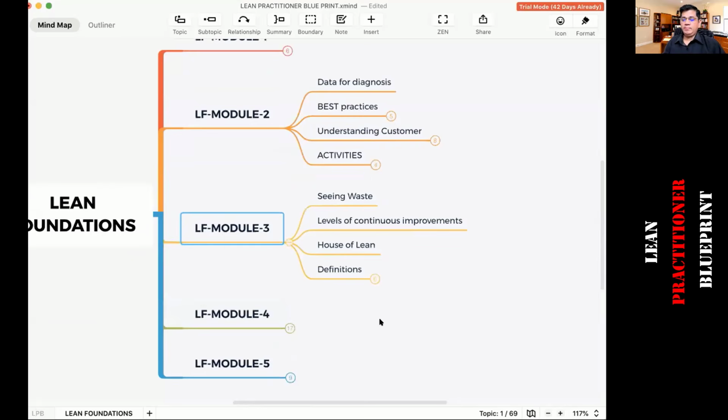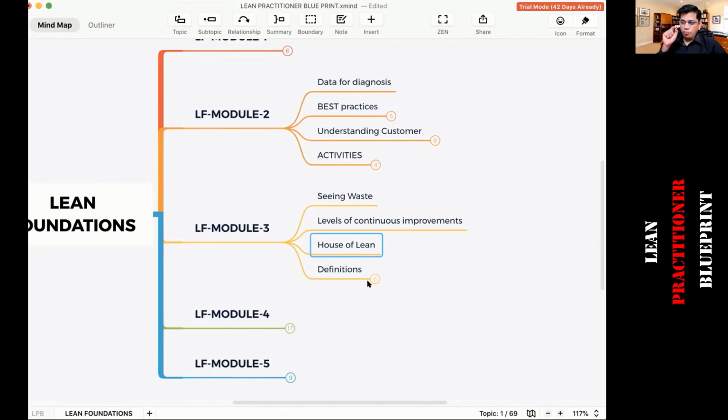In module 3, how to see waste. What are the levels of continuous improvement? Learning from Toyota and other models, how the house of lean is constructed. All of us know the basic 2 pillars, which are respect for people and continuous improvement. But then from the foundation, how do you organize the workplace, 5S, visual management system, standard work and all that.